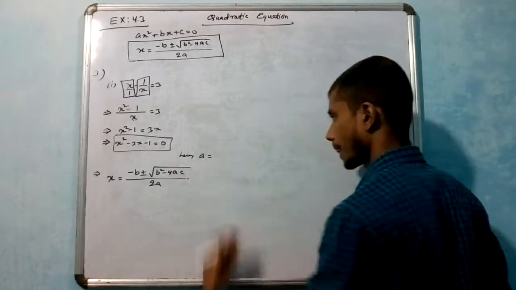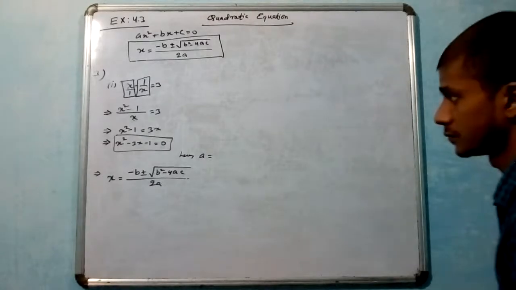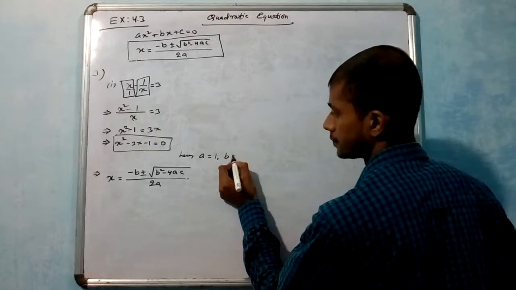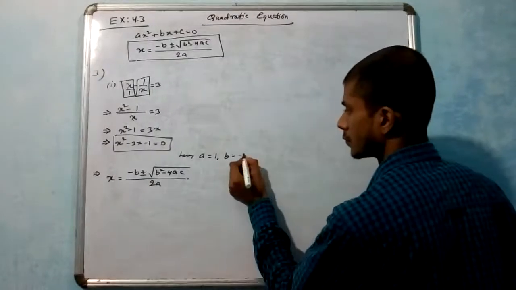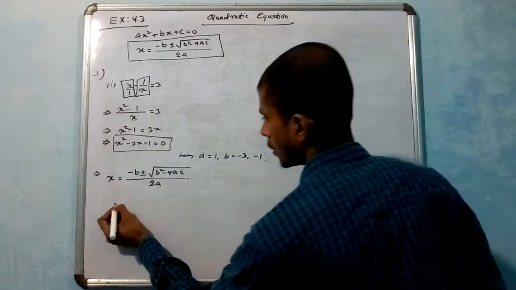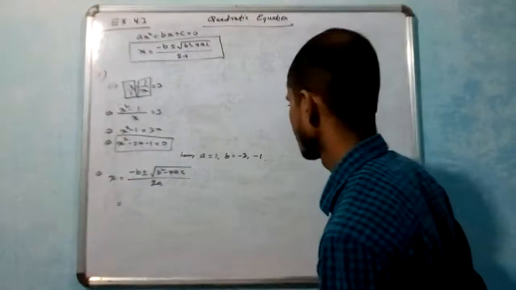A is 1, b is minus 3, c is minus 1. Correct. So let us substitute here.